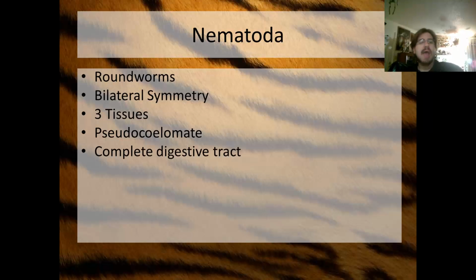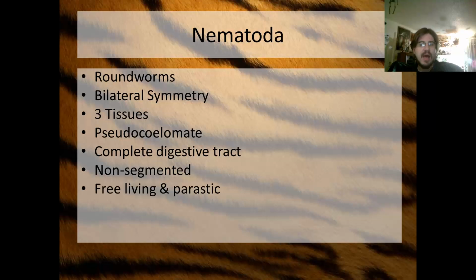So, nematodes do have a complete digestive tract, however. They are non-segmented. So, when you compare a nematode to an annelid, they will not be segmented. There are both free-living and parasitic species of nematodes.